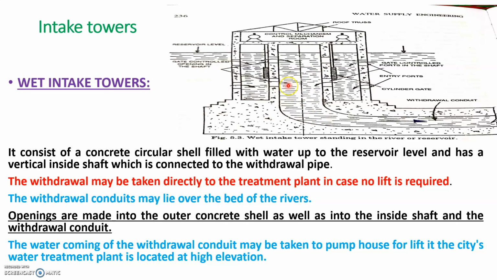In the shell there are openings made, inside the concrete shell as well as outside. There is a shaft which regulates the flow of water, and these conduits take the water directly to the treatment unit. So this is all about wet intake structures.